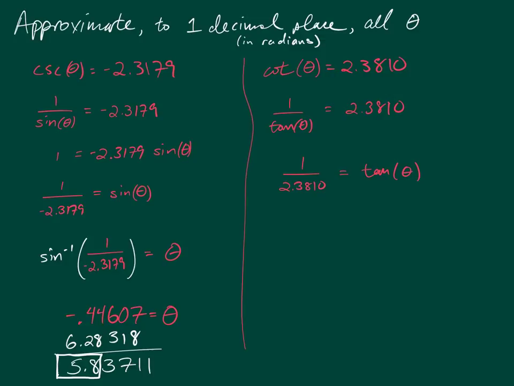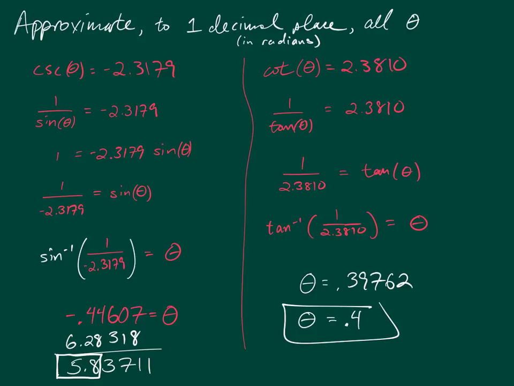And then from there, you can take the tangent inverse of both sides, 1 over 2.3810 equaling theta. And then again, you can type that right into a calculator and get theta equaling 0.39762. But since we only need 1 decimal place, 0.4.